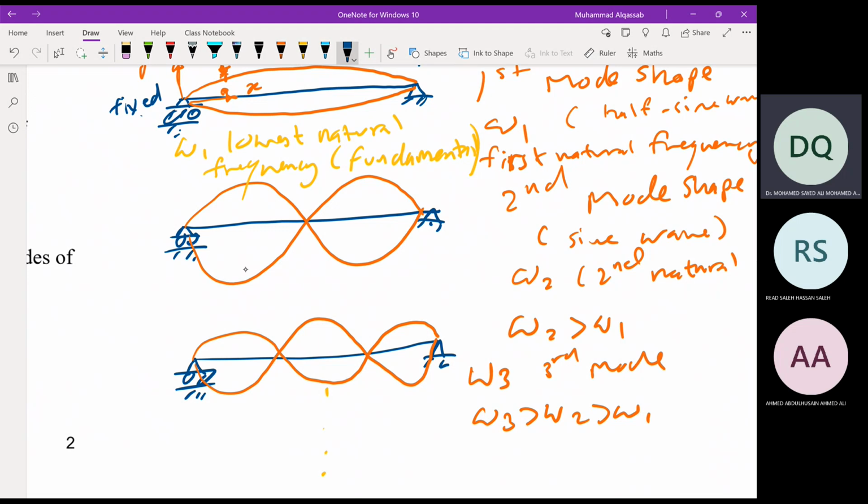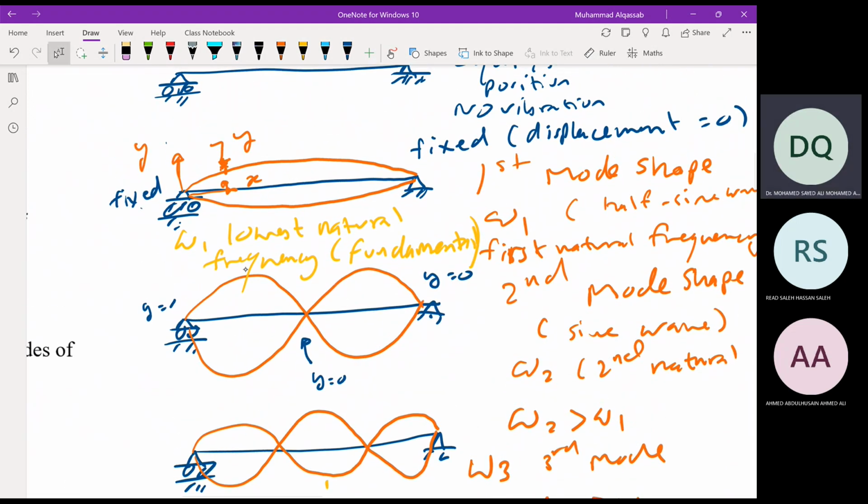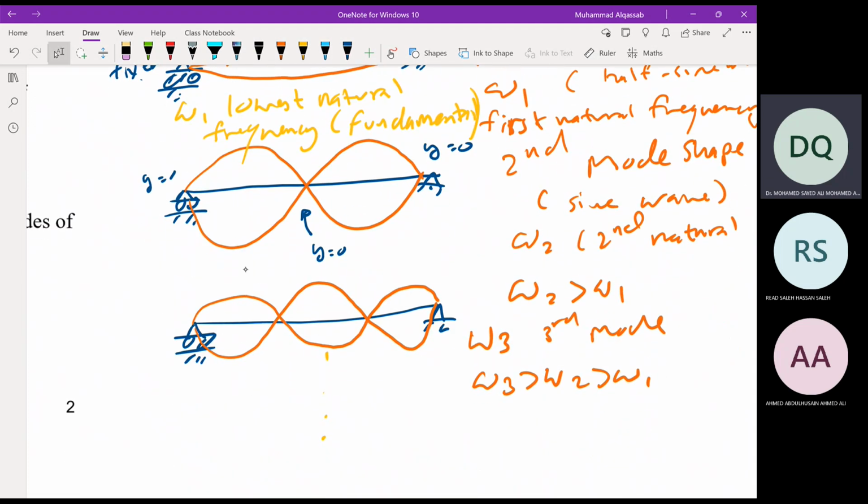So at this point it is always 0. We say y is 0 here, and y is also 0 here. And you can see this is also y equal to 0, this point. In the first mode, there is no y equal to 0 along the middle, between the ends. Here, for the second mode, there is y equal to 0, and it's called a node. Here we have 2 nodes.